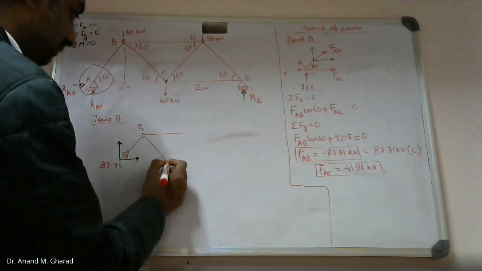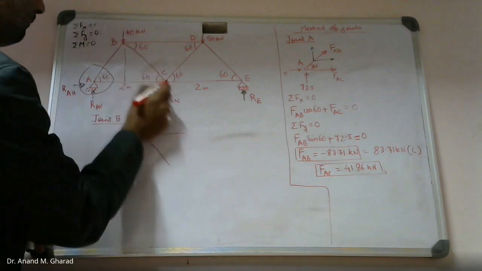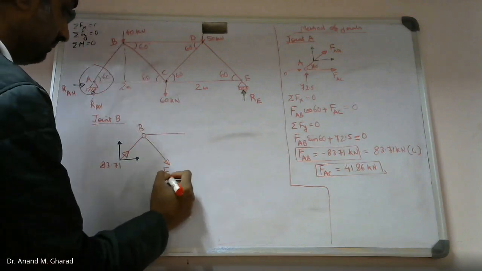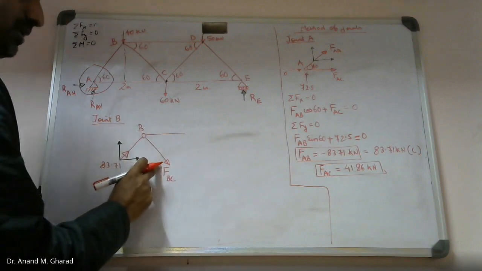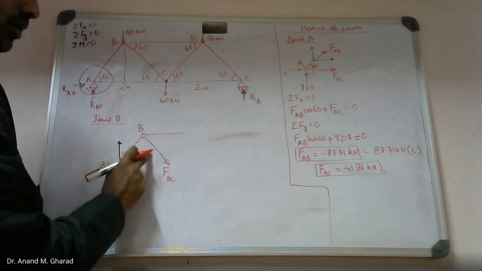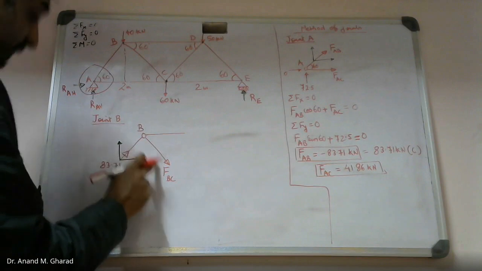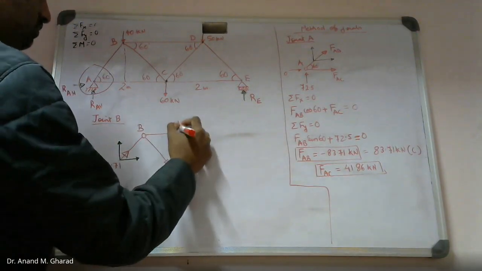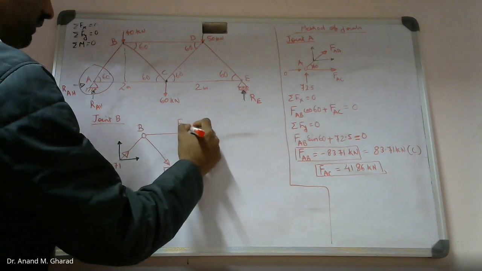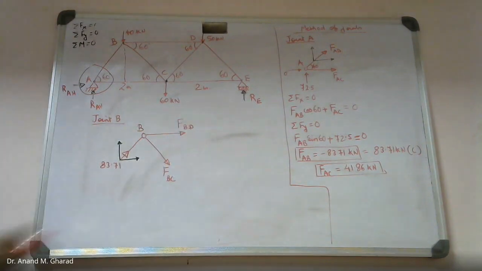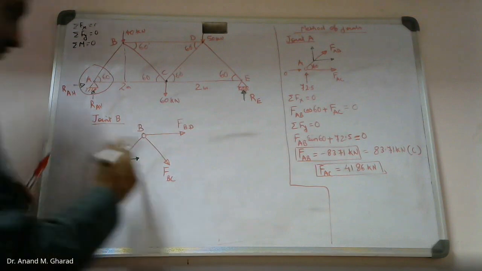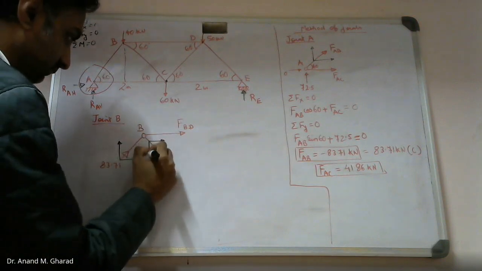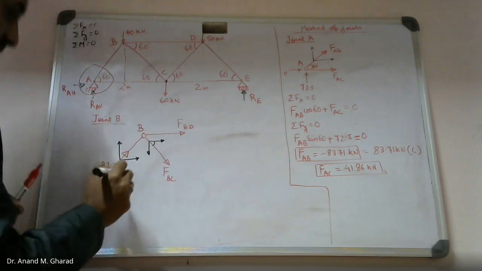Next, this force in member BC, I will represent it like this, and I will assume initially the direction to be tension. Here also I will assume tension force for member BD. This is an inclined force, so I can resolve this inclination into components. This is 60 degree.